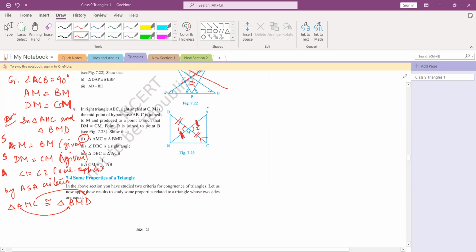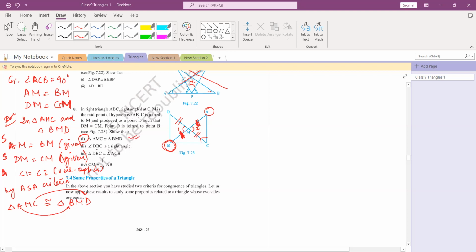If you are using A first, then you will have to use B first. If you start the first triangle with A, do not start the second triangle with D. It will be wrong because this side is equal to this side and this side is equal to this side. Please note, this is important.